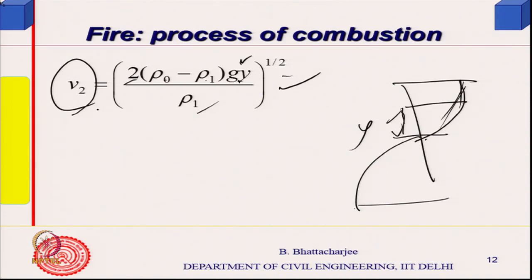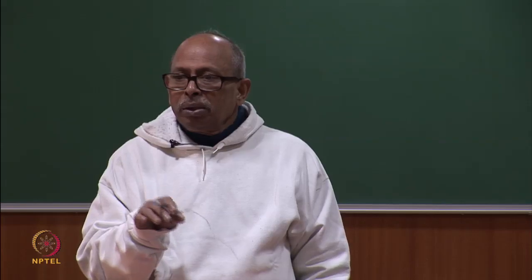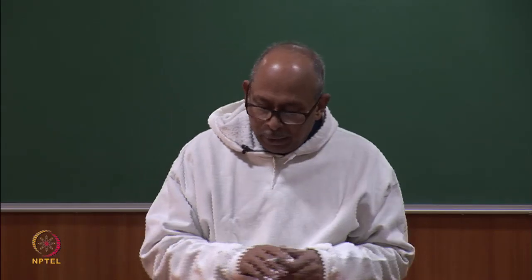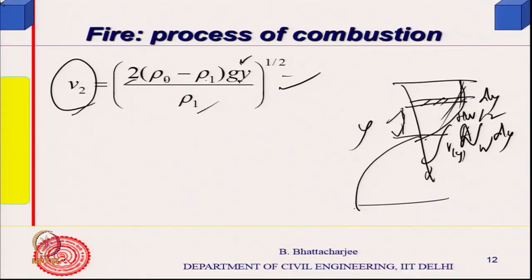Supposing I consider a small dy element, then the flow will be simply the width of the window multiplied by dy into the velocity as a function of y, integrated from 0 to h w by 2. We are assuming this approximately, so one can do it that way, but I am trying to explain slightly physically.